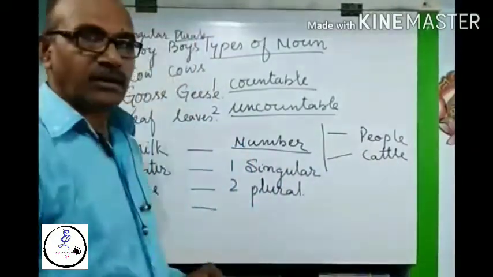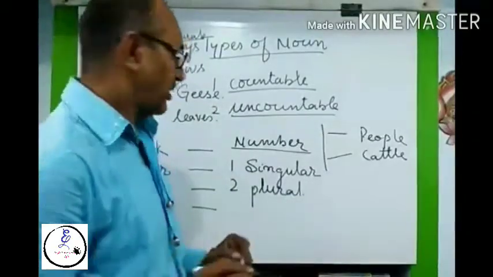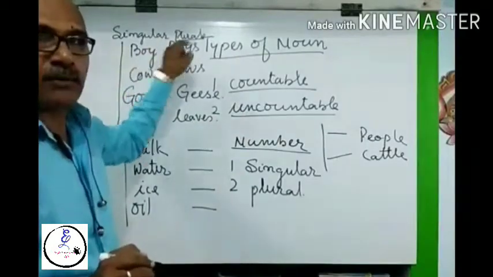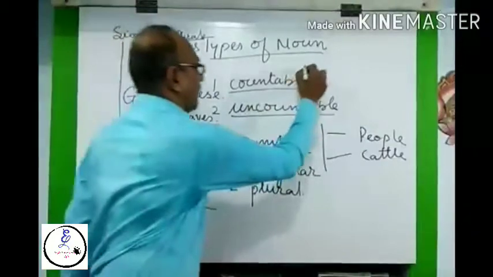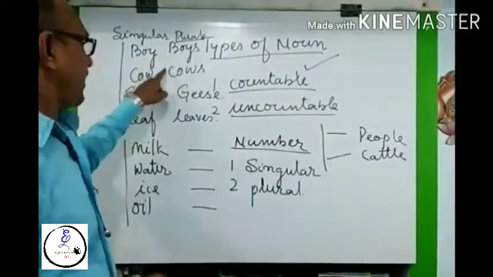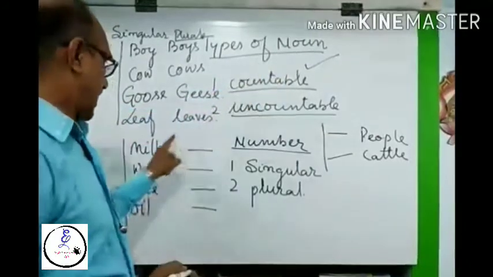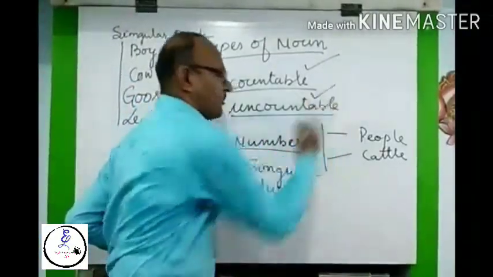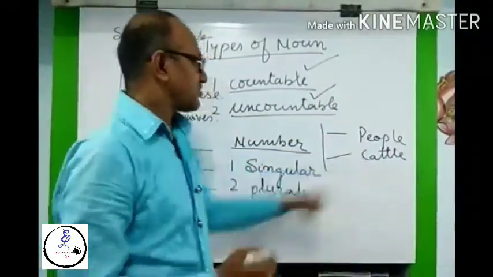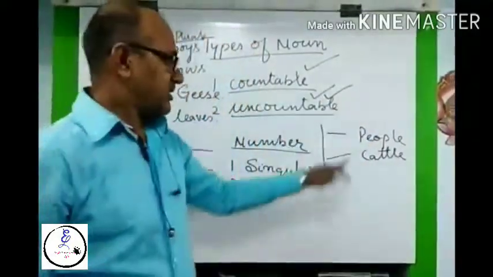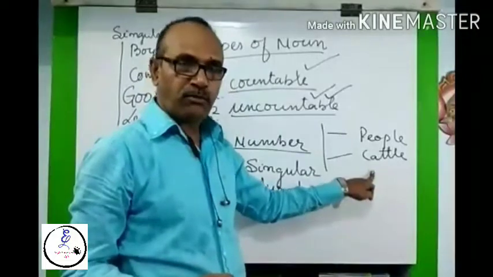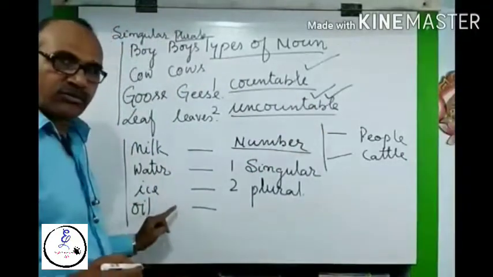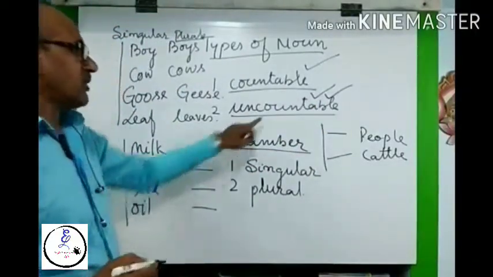One conclusion we can come to here is that the nouns which are both singular and plural are called countables. Another category that has only singular will come under uncountable. The noun which has only plural form also comes under uncountable.